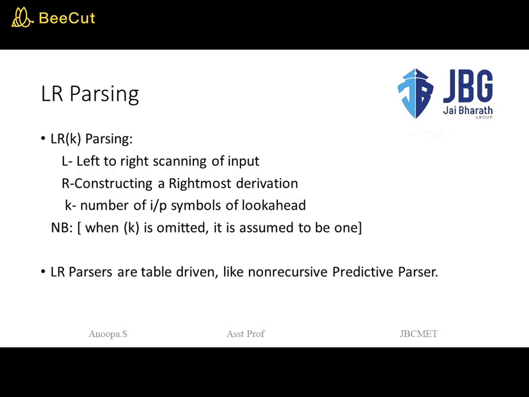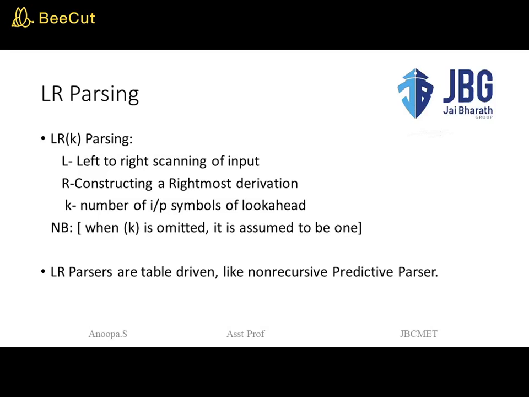So the most prevalent type of bottom-up parser today is based on a concept called LR(k) parsing. So what is this LR(k) parsing? Here the letter L refers to left to right scanning of input. R denotes constructing a rightmost derivation, and k represents the number of input symbols of lookahead.